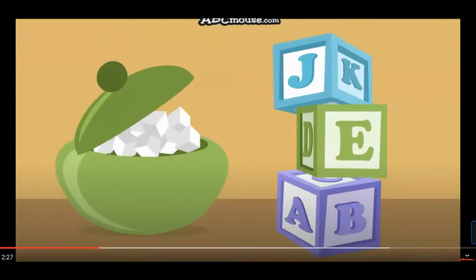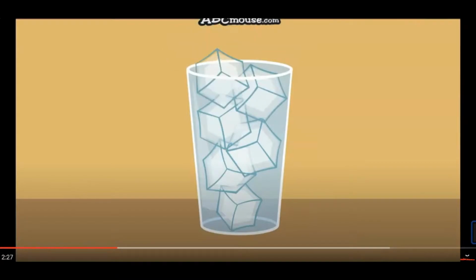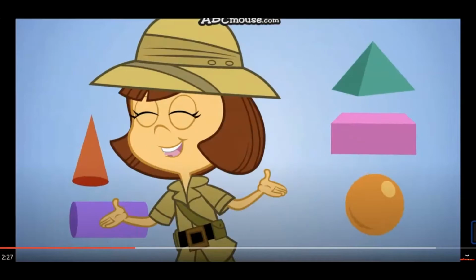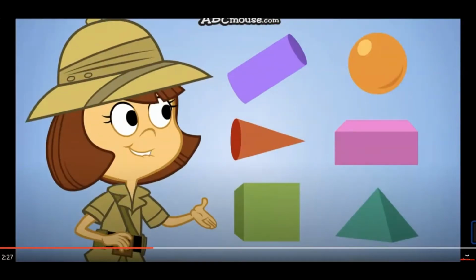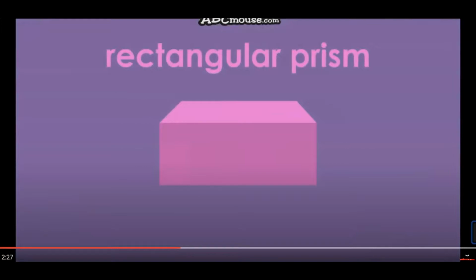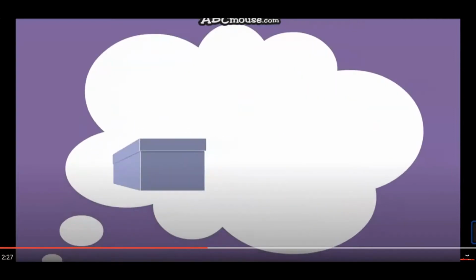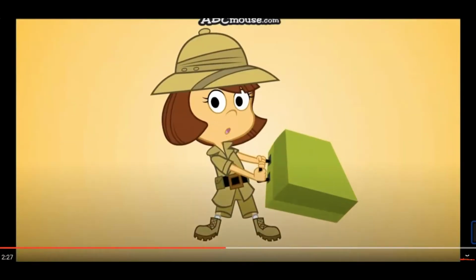Sugar and blocks can be shaped like cubes, like the ice cubes in your glass there. Rectangular prisms have 6 sides. I can think of quite a few. Like a shoebox, a train car, a long stick of butter, a brick and a suitcase too.